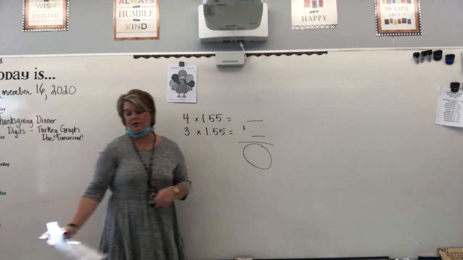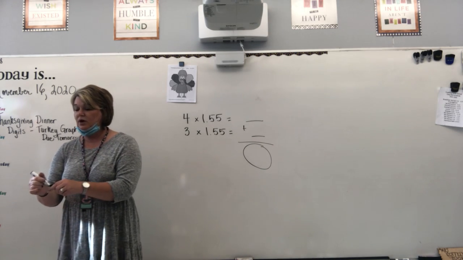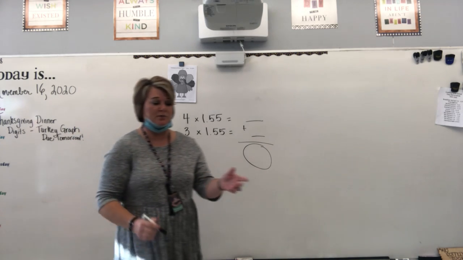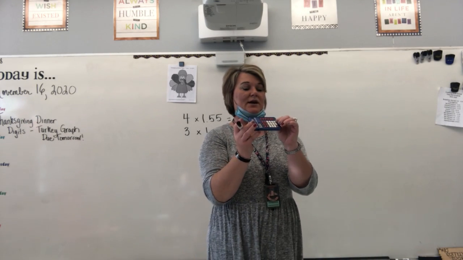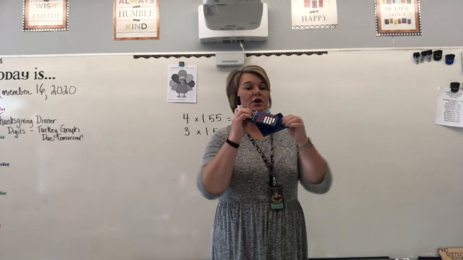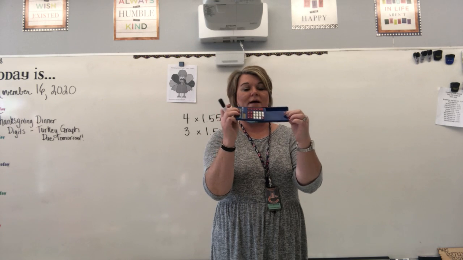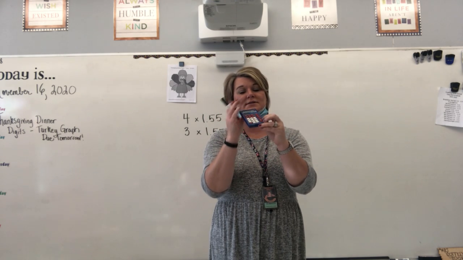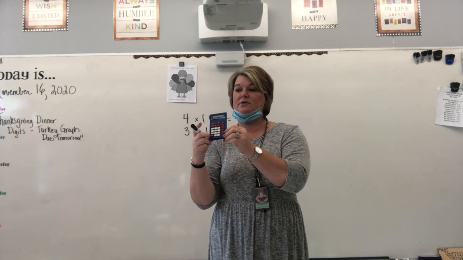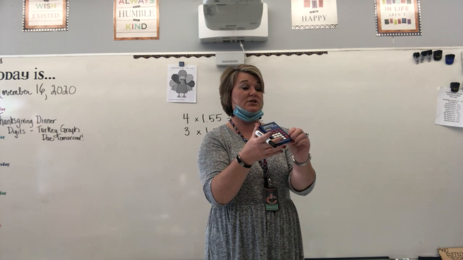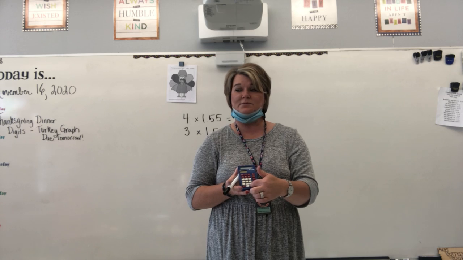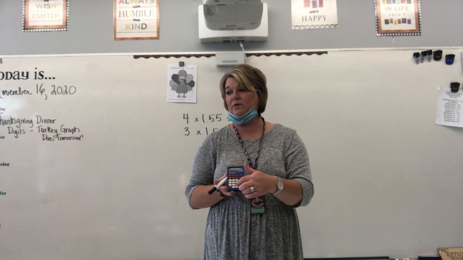Now let's talk about calculators real quick. First off, they slide out of this little deal. They don't just tear open. You don't pull them apart, they slide. The on is the same as the clear down here, so that's how you clear the screen. You can hit that a couple of times. And then don't forget to use your decimal. You have to when you multiply times 1.55.